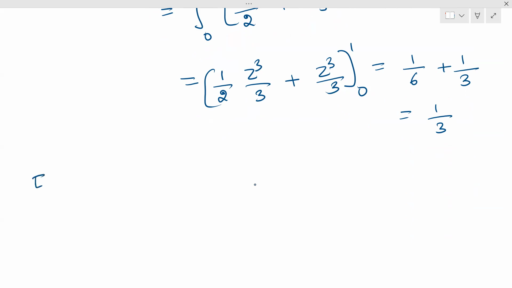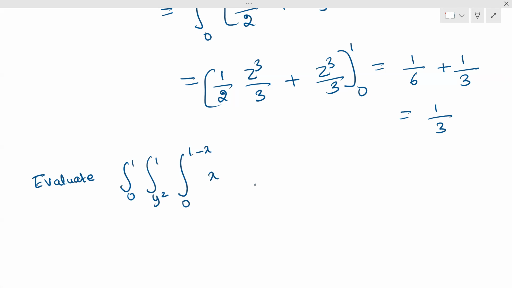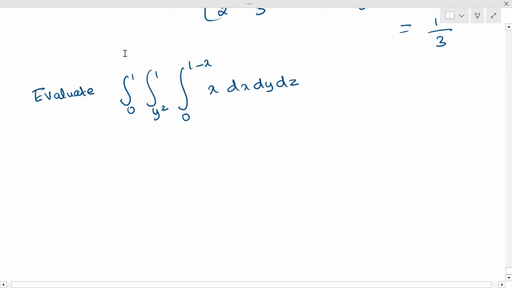Next we do another problem. Evaluate the integral 0 to 1, y square to 1, 0 to 1 minus x, x, dx, dy, dz. See here again the limit as the variable.